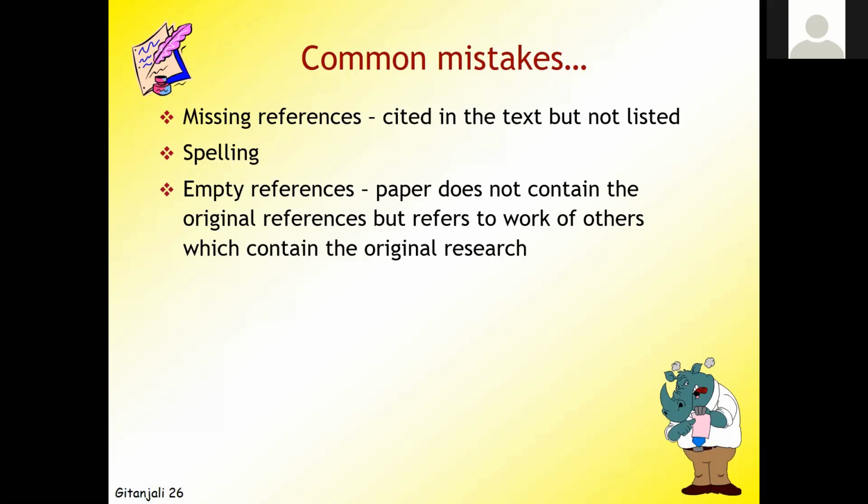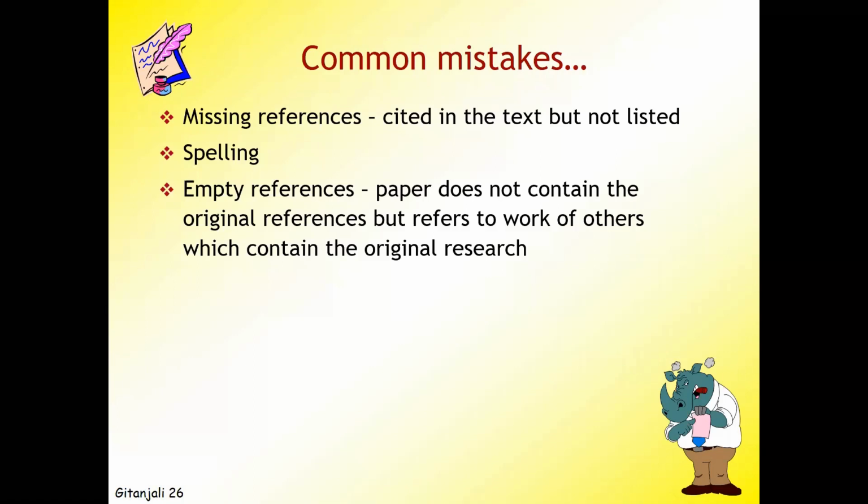There is something called empty reference. Now what happens is, supposing I am writing a paper and I am not able to get any of the original papers. So I am just writing from this review article and I am citing the papers which are listed in that review article, but actually I have not read them. The review article doesn't contain the original research, but refers to work of others which contain original research.